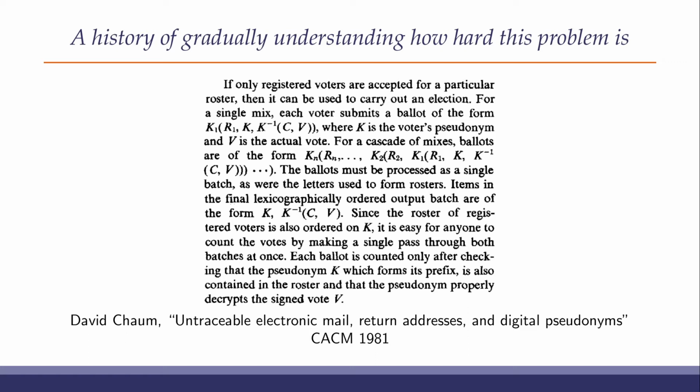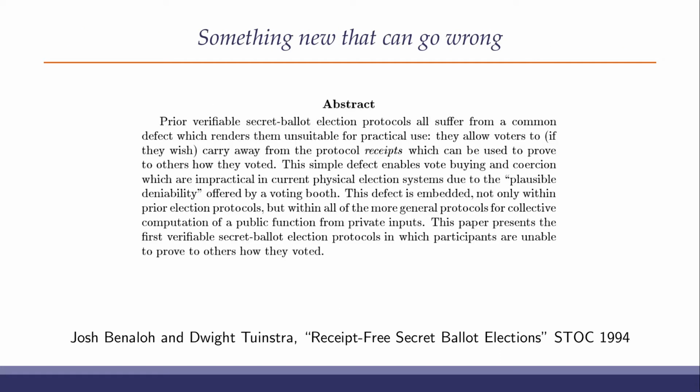And the first hint that that was really not the case came from a paper much later, in 1994, by Josh Benaloh and Dwight Tuinstra. And Josh says, well, look, it's all very well to keep votes private, but when you're voting, you need an even more important kind of secrecy property.